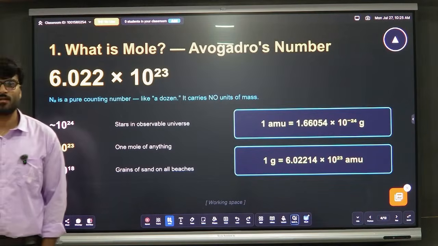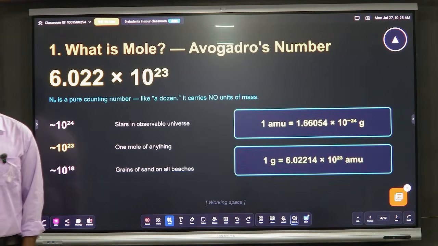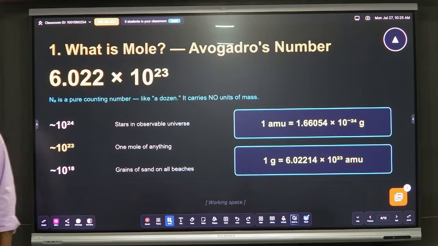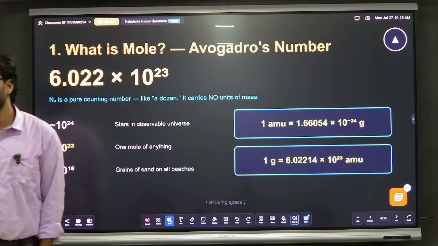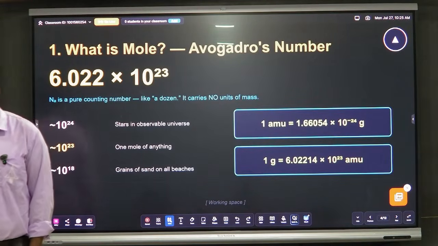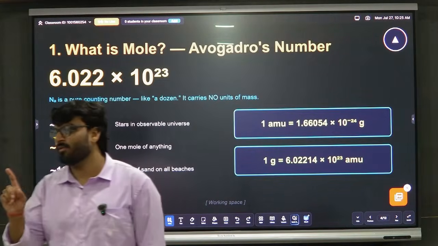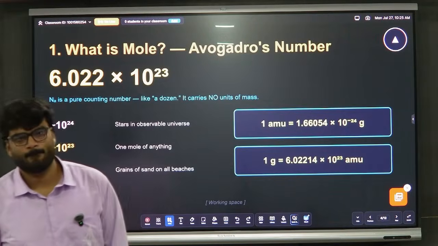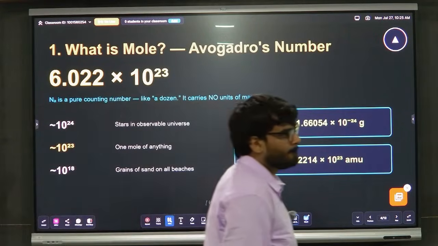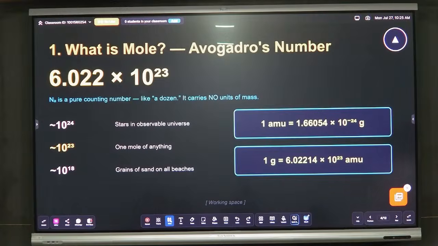How many zeros are in 1 billion? 6 zeros are in 1 million, no? 9. I am asking about 1 billion, so you can multiply by 100. 100 billion, 1 million. Two numbers are there in the question.